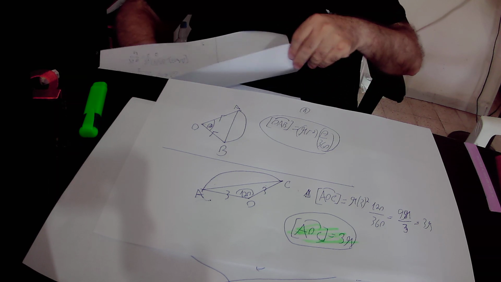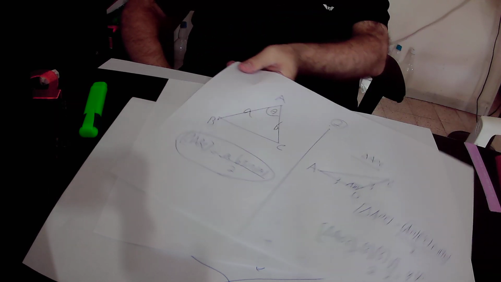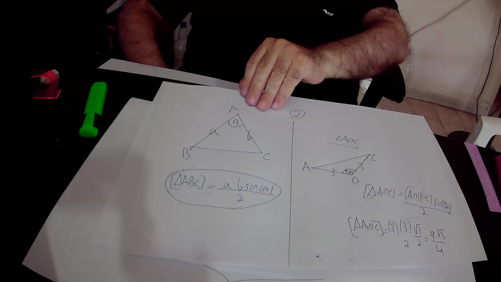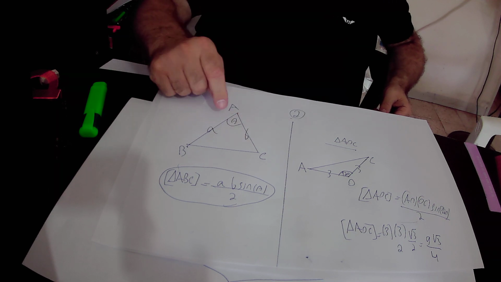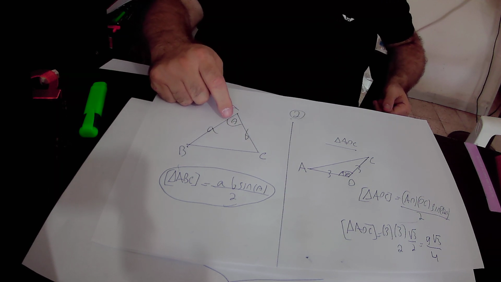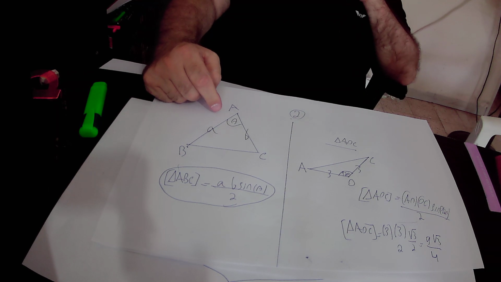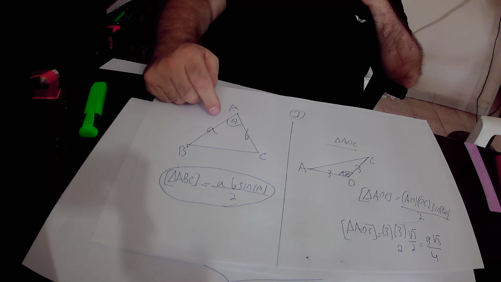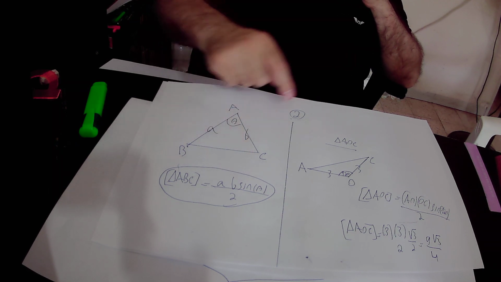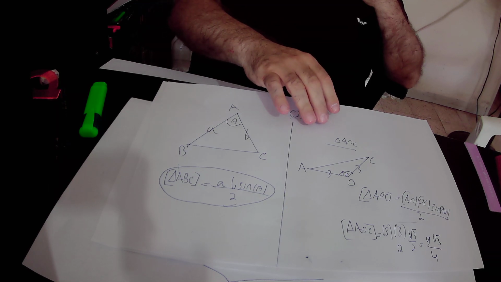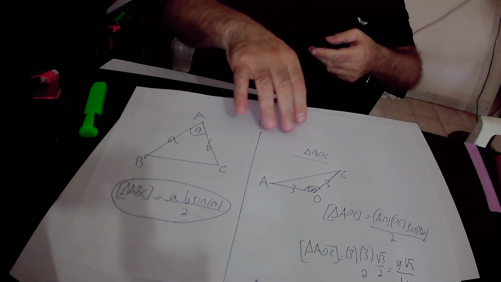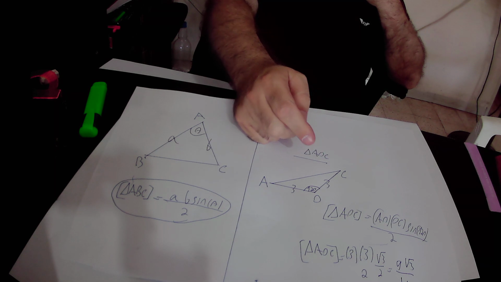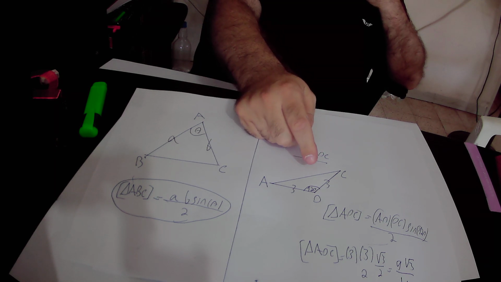Then I presented to you a new formula for the area of any triangle. This is triangle ABC, that could be any triangle. The length of side AB is a units, the length of side AC is b units, and the angle between side AB and side AC is theta. Then the area of triangle ABC equals a times b times sine theta over 2. We use this formula to find the area of triangle AOC. AO equals 3, CO equals 3, the angle between AO and CO is 120 degrees.